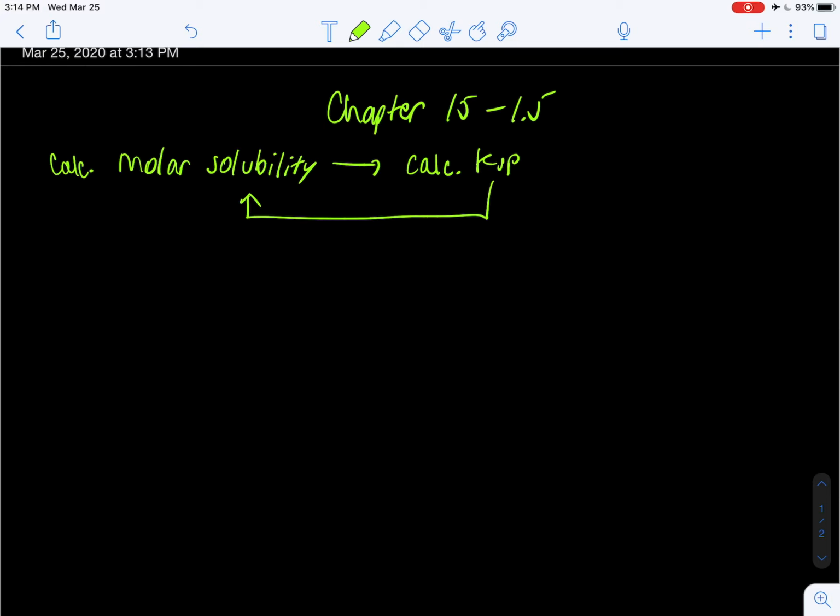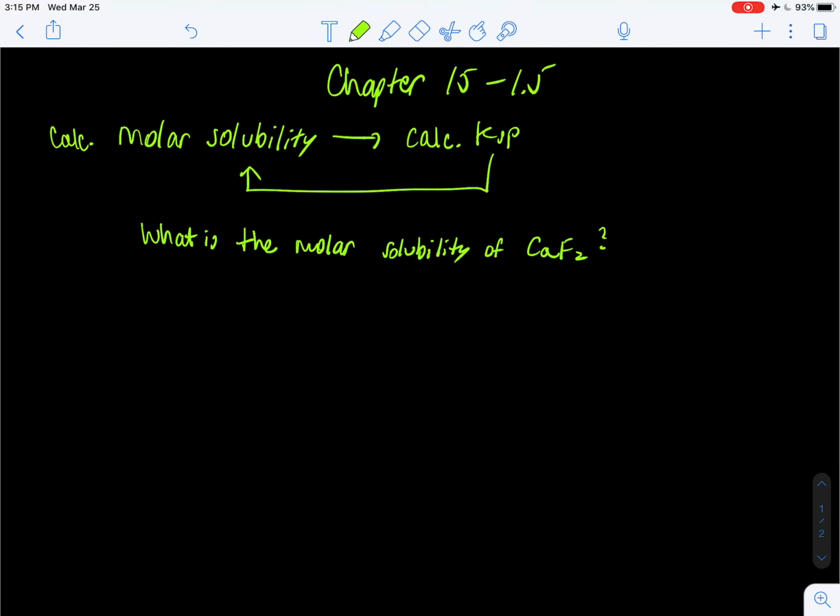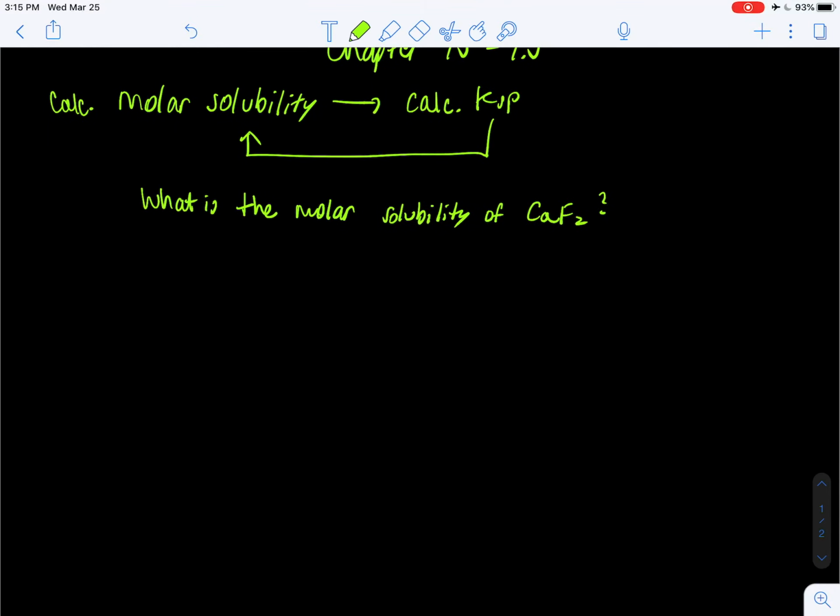So what is the molar solubility of calcium fluoride? To solve this problem, you need to write out the equilibrium expression.